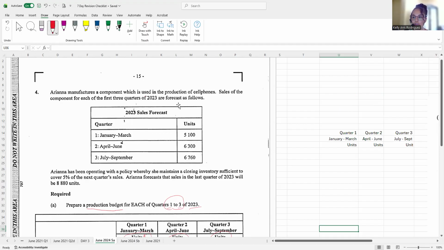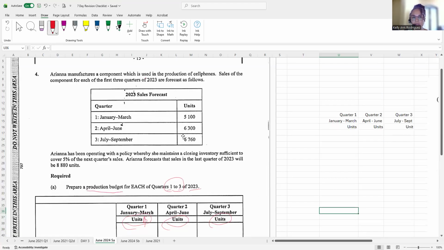It's not the actual thing. This is how much I want to make in sales, but this is what they forecast it to be. And it may have been based on market trend or customers' demand or how the previous sales were in the past quarters or the previous year, or based on changes in cell phone demand and whatnot, right?